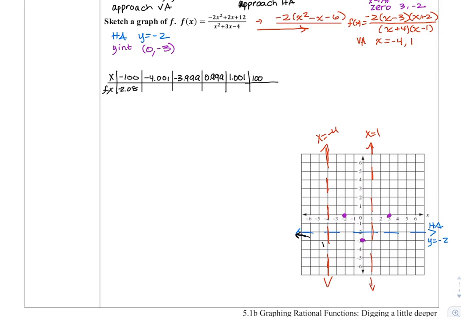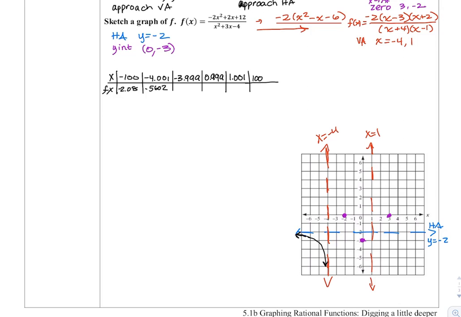And then let's see what happens when we plug in -4.001. I'm seeing -5,602. So it looks like the closer we get to -4, the lower the graph is going to go towards -infinity. So let's stop and just write a description of what's happening.